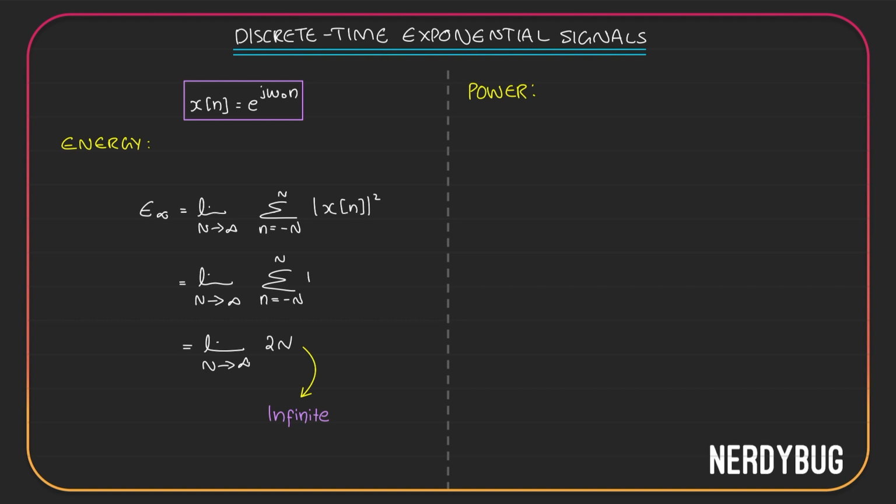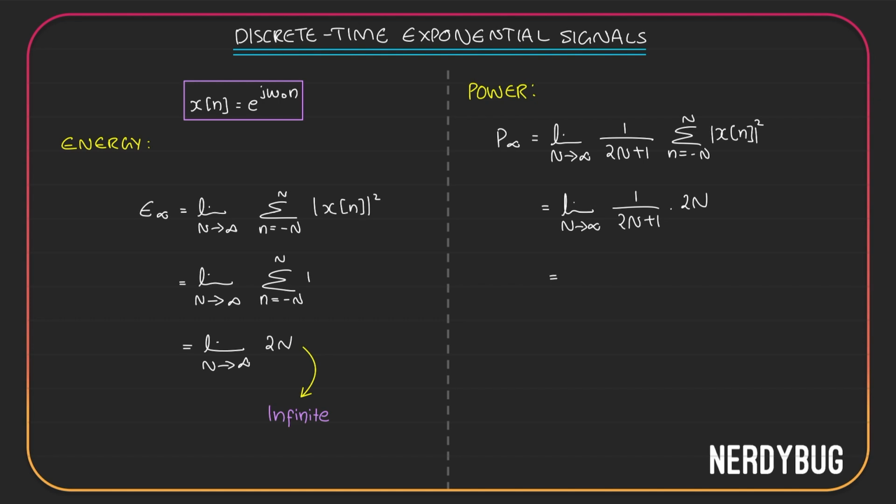Now let's try to find the power. Power across an infinite interval will be again limit N tends to infinity 1 by 2N plus 1 summation from n equals minus N to N of x of n whole square after taking a magnitude. We have actually already found this part. It's going to be 2N plus 1. So without further ado, let's take it as that. Limit N tends to infinity 1 by 2N plus 1 multiplied by 2N plus 1.